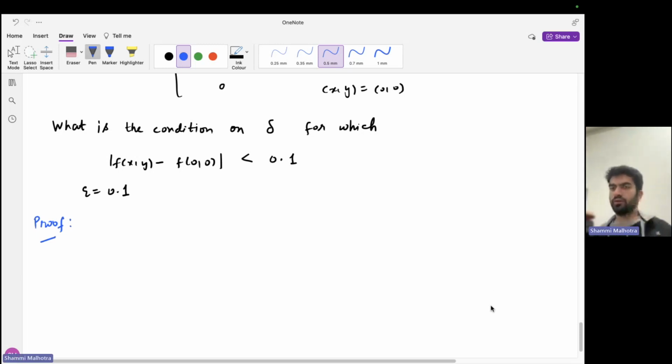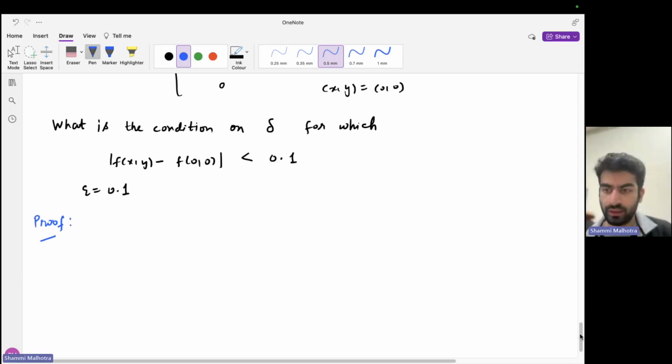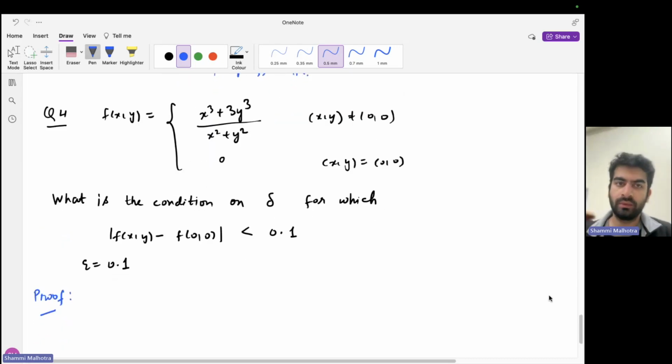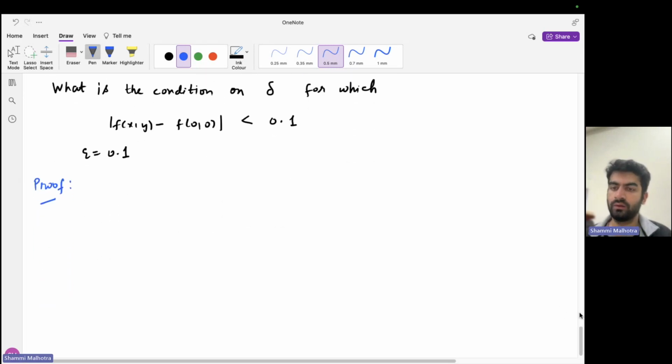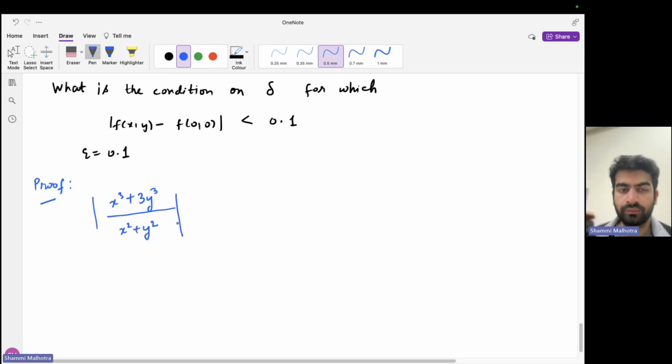Like we did in earlier questions, we would like to see how we can estimate this particular ratio, and how we can bound it with respect to the distance of (x,y) from (0,0). So let us consider this ratio: (x cube plus 3y cube) whole divided by (x square plus y square).